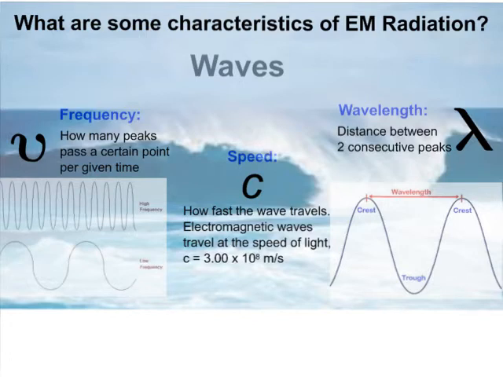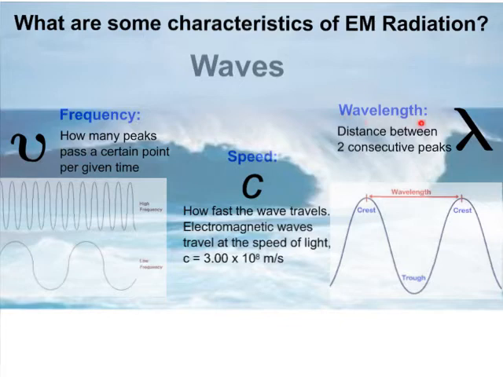The next characteristic is speed, which, everyone knows, is how fast the wave travels. Electromagnetic waves travel at the speed of light. The speed of light is 3.00 times 10 to the 8th meters per second, and it's represented with a little c, to distinguish it from other speeds. For electromagnetic waves, we're going to talk about the speed being the speed of light.